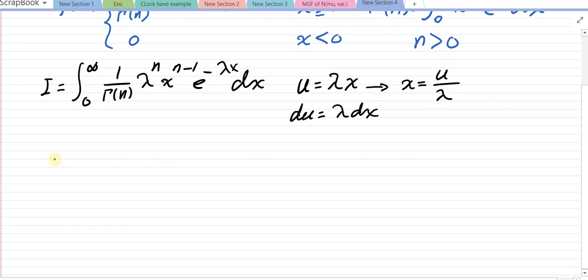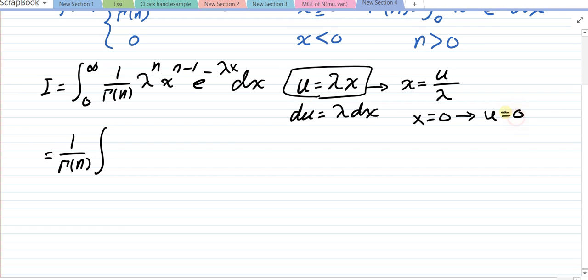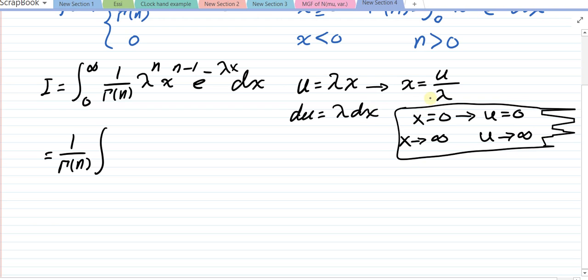For our integral, I'm going to bring out 1 over gamma n. And the other thing is the limits of integration. When x is 0, u, which is lambda x, is 0. And as x approaches infinity, u approaches infinity also. So I don't need to change the limits of my integration.